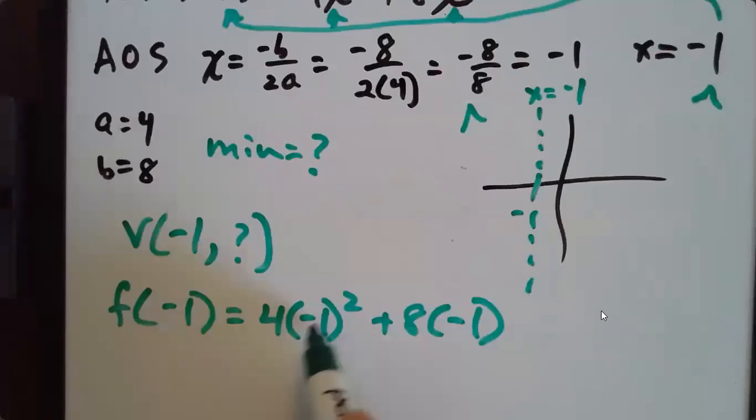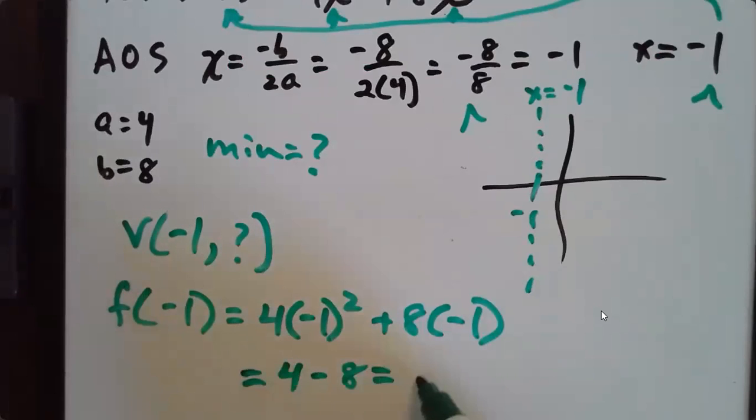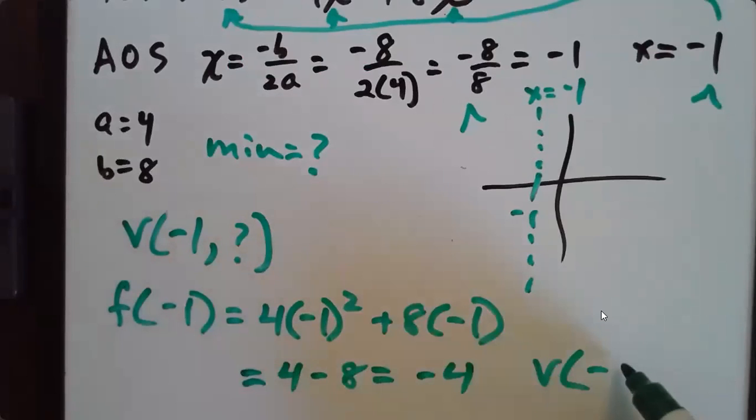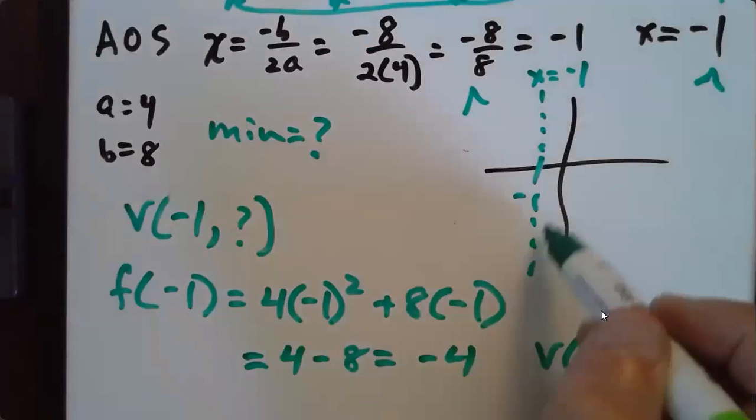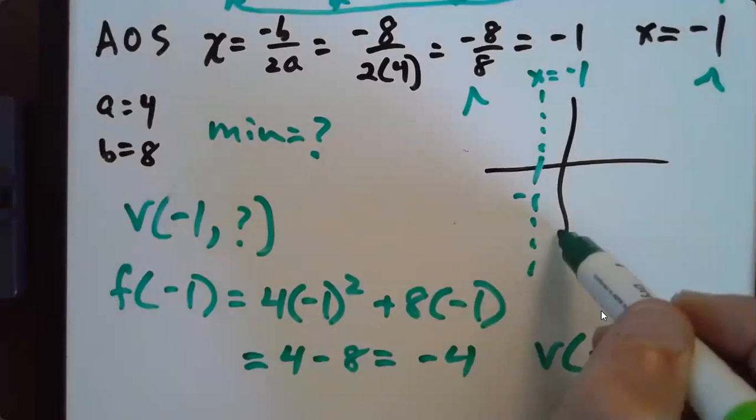We square first, right? Order of operations. So -1 squared is 1. 4 times 1 is 4. And then 8 times -1 is -8. So we get -4. So our vertex is (-1, -4).